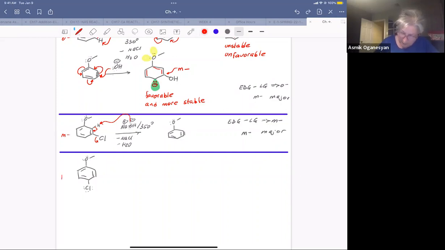So let's follow this arrangement. So again, sodium hydroxide. And this time, we're picking up this hydrogen based on the drawing of the benzene ring. So let's pick that up. Form a triple bond, release chloride.